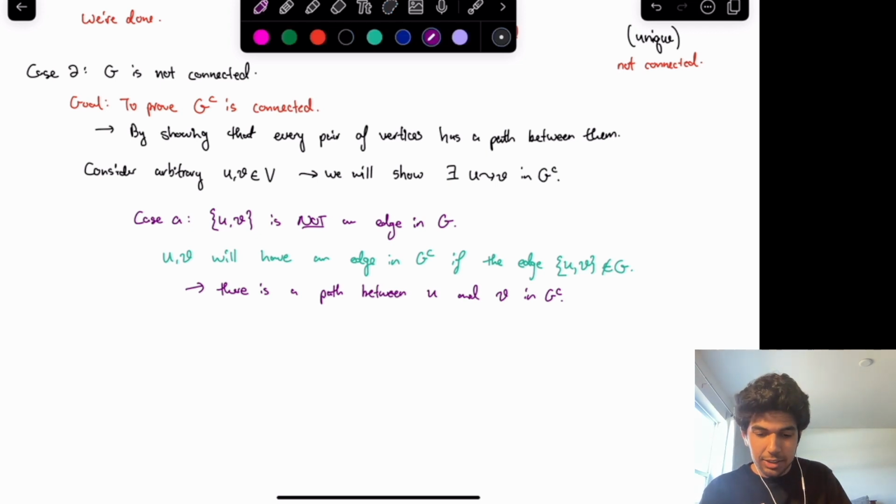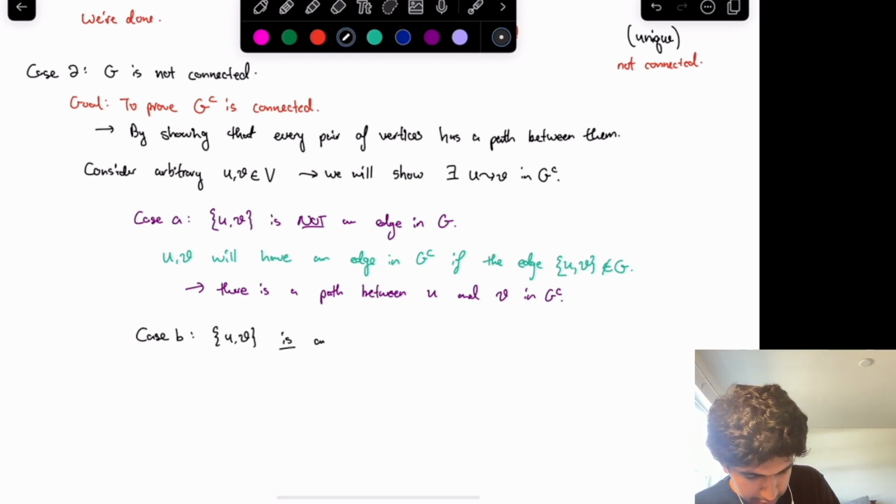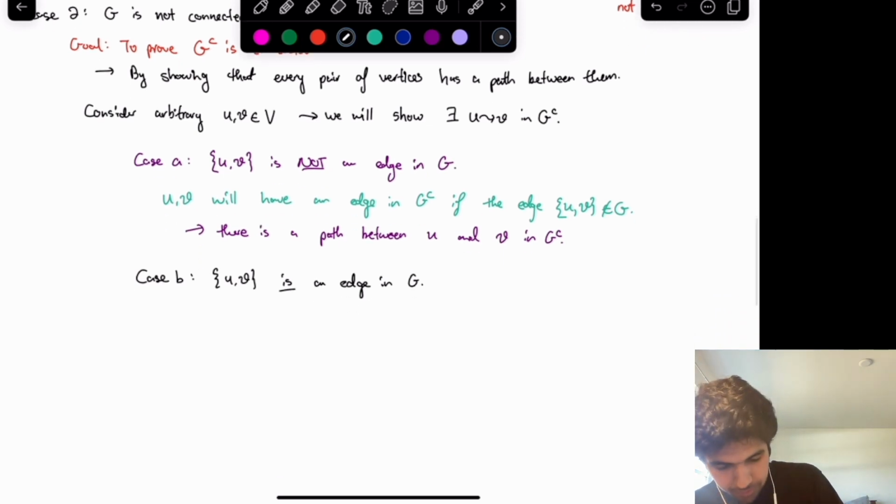So the last thing we have to consider is case B, that the edge uv is an edge in G. And of course, we want to show that there's a path between them in G complement. Well, what do we know about G?